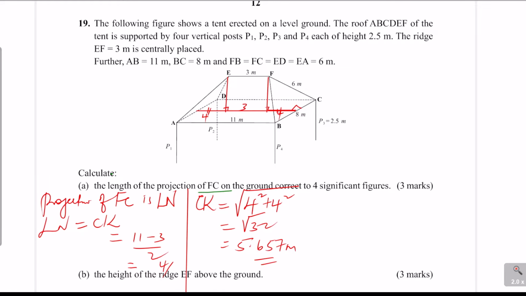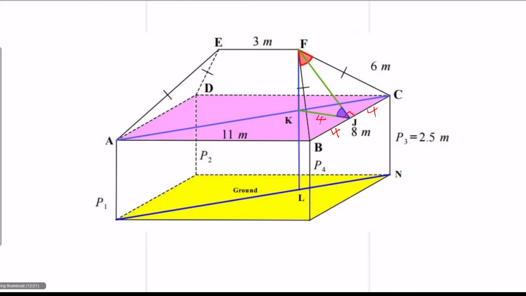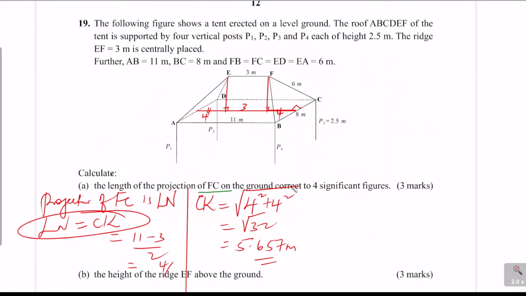Remember, CK is equivalent to ln, and ln is the projection of FC on the ground. So ln is equal to CK.